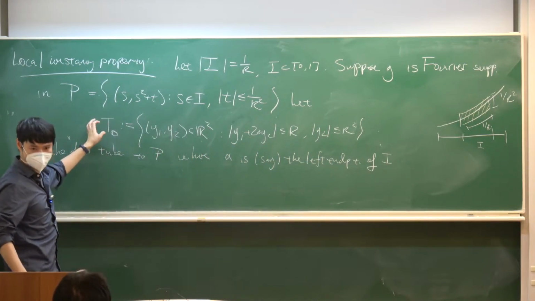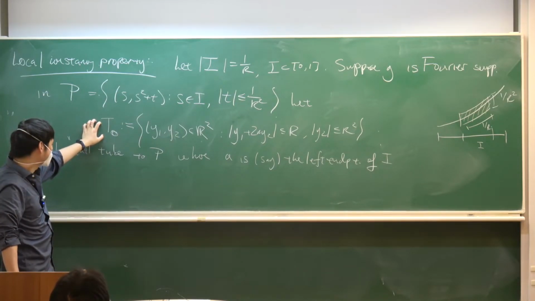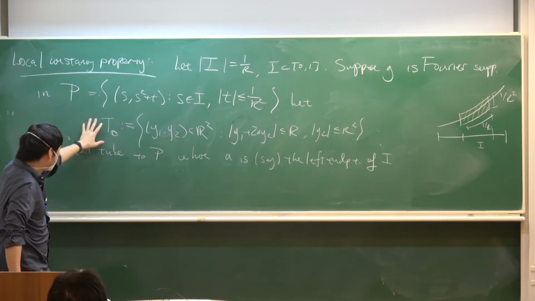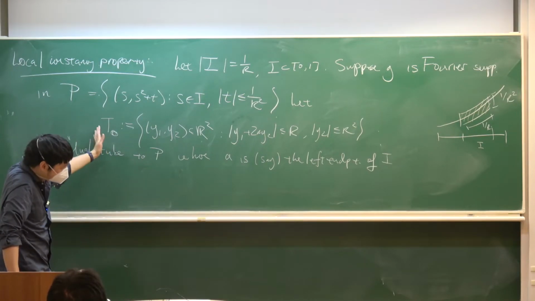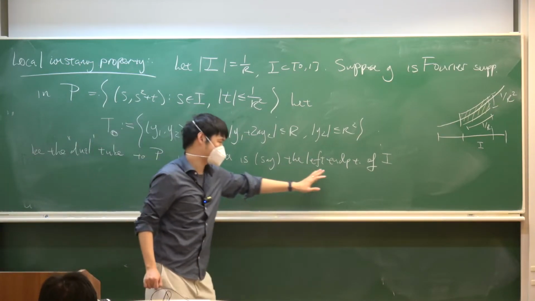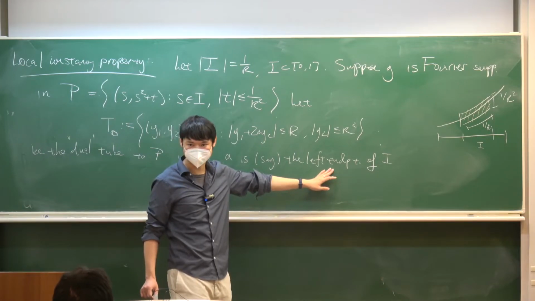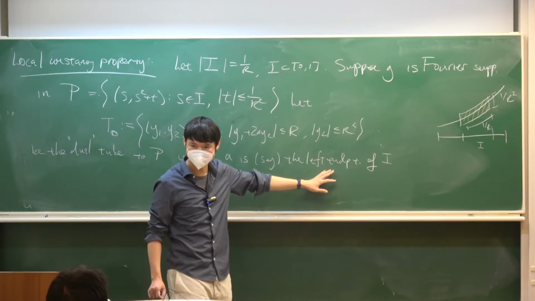I'll draw it, it's a parallelogram, but I'm going to call it R2 for a rectangle. We call it the dual tube to P centered at the origin. It contains the origin. Where A here is, let's say, the left endpoint of I. It's not important that it's either left or right or center or any point. Just pick any point in I.